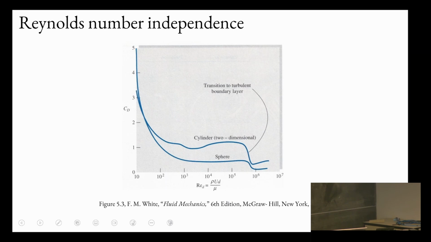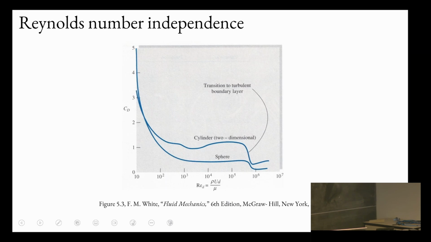You can also see something interesting here. Remember when I talked about inducing the turbulent boundary layer for some shapes can reduce the drag? Here, this is the Reynolds number based on diameter, so rho times u times diameter of our cylinder over mu. When the boundary layer on this cylinder or the sphere transitions to a turbulent boundary layer, then we get a reduction in drag.